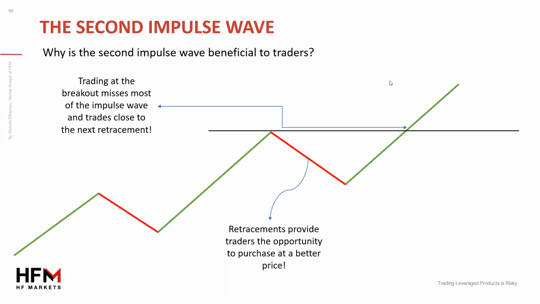So there's a difference between a retracement and a correction. When you've got a trend, if we're looking at an upward trend again, you get the impulse wave like so. Now, if we get a retracement, we get the price moving against the trend, but it's a smaller price movement. So it's not necessarily an issue because all trends have retracements.